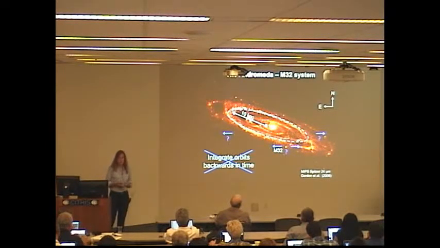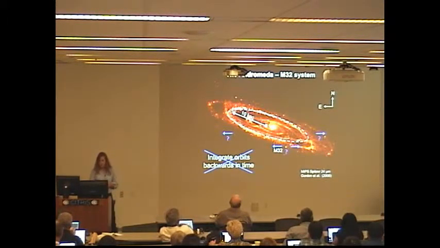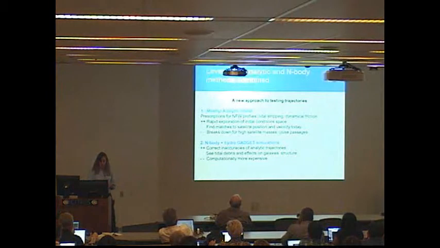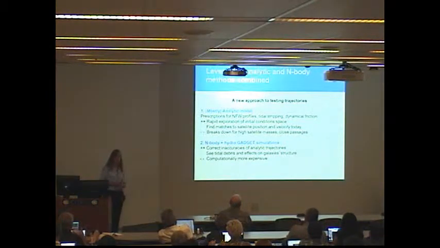Think rock falling into a pond, and you get the picture. And the prime candidate for that is M32. So what we did was to use a multi-step approach to testing possible trajectories for M32. Basically asking, under what circumstances does M32 produce the kind of rings that we see in Andromeda?